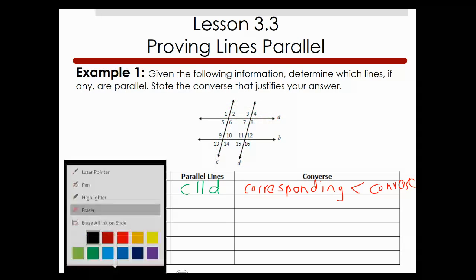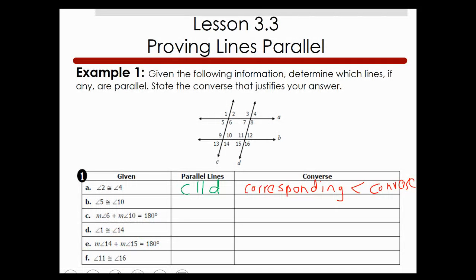Let's try the next one. We have 5 and 10. The line that cuts them is this line. What is the relationship between 5 and 10? Well, 5 and 10 are alternate interior angles.